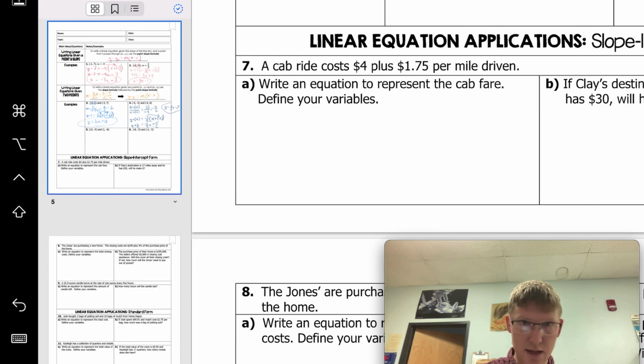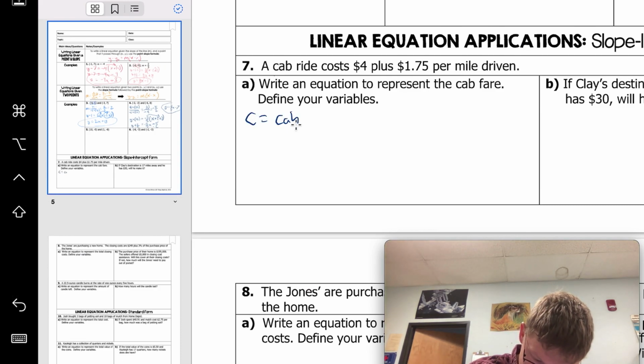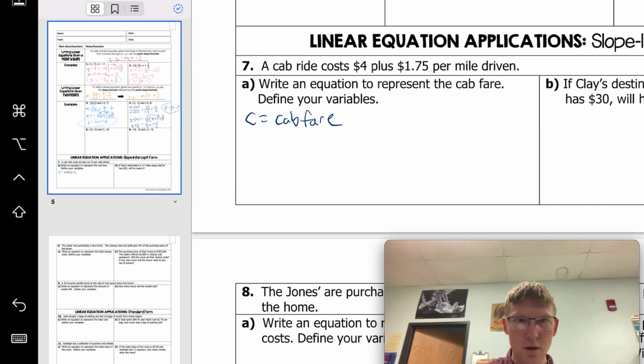So we'll say C equals the cab fare. And then M, we can call that miles.